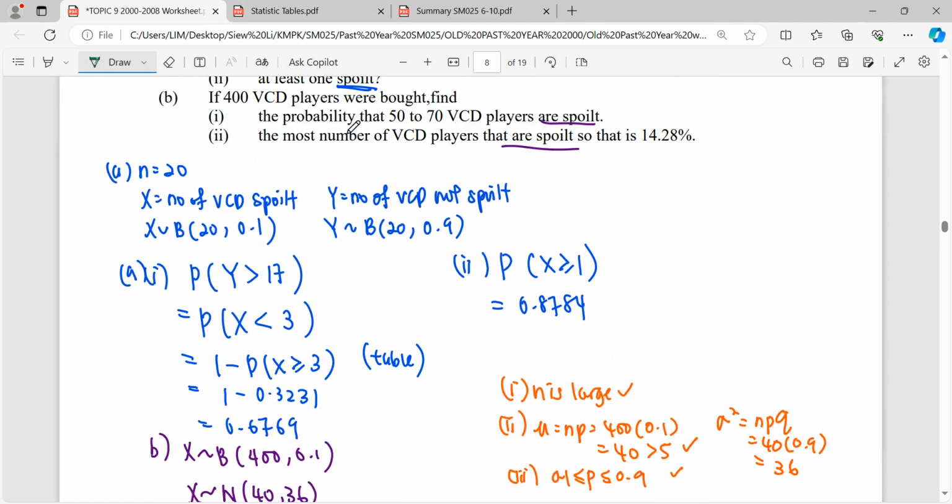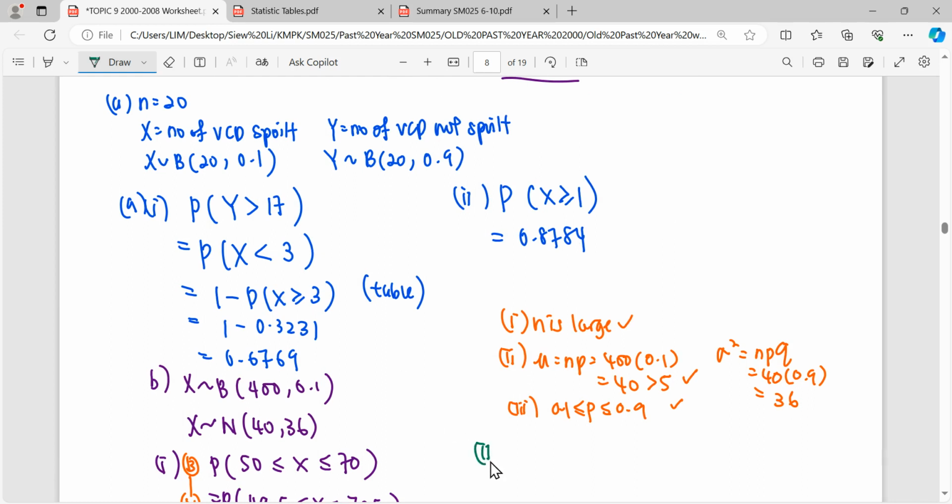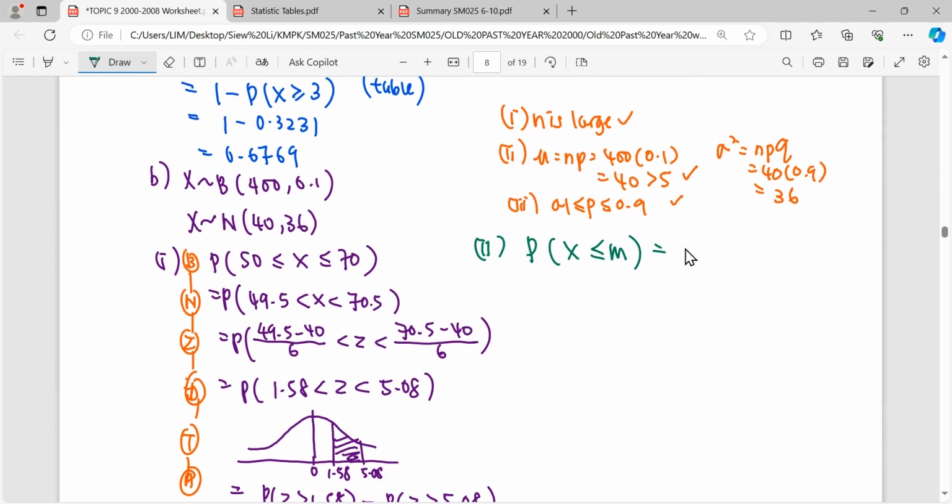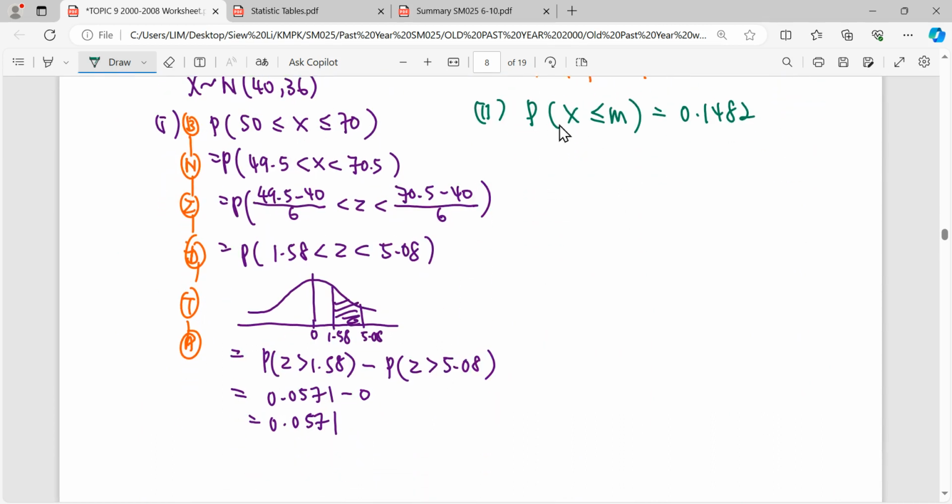The most number of VCD that are spoiled is, given probability 0.1428. Alright, so same procedure, change to normal.